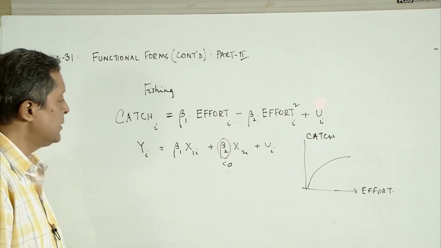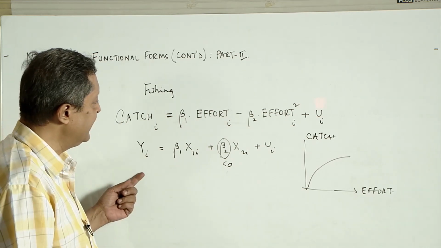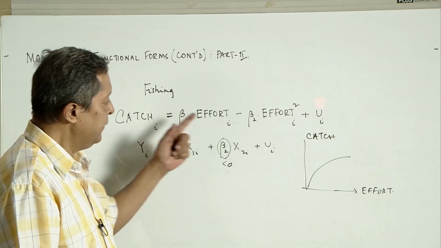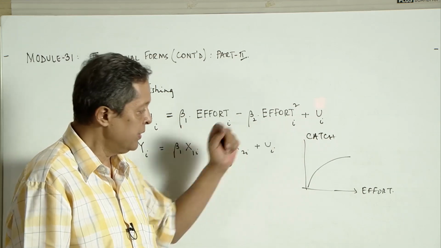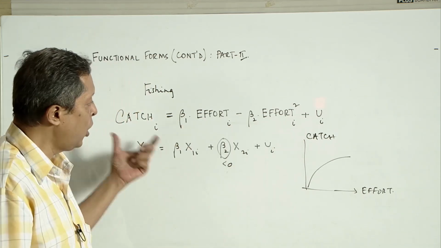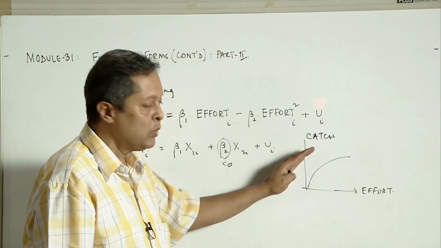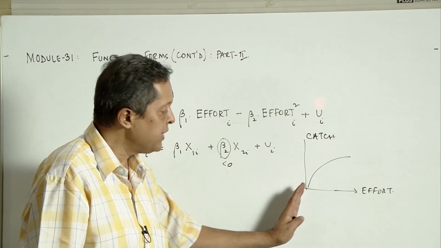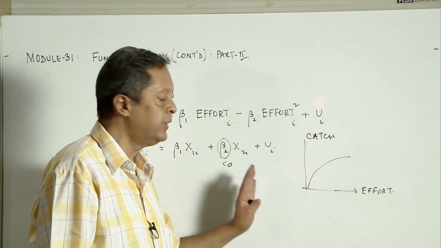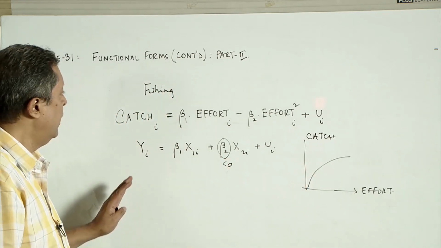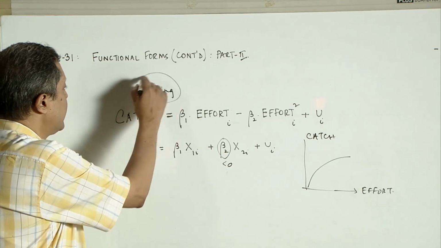This shows that with an increase in effort, catch rises, the amount of fish caught rises, but the incremental catch gradually decreases as effort increases. That is a typical portrayal in the fishing industry.